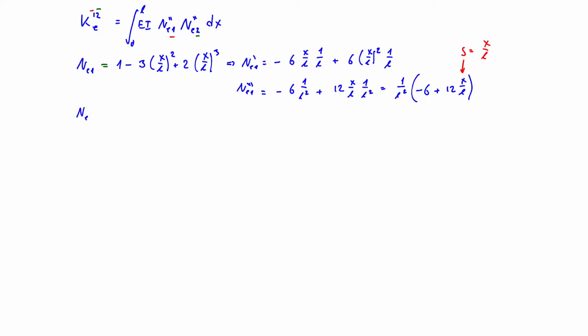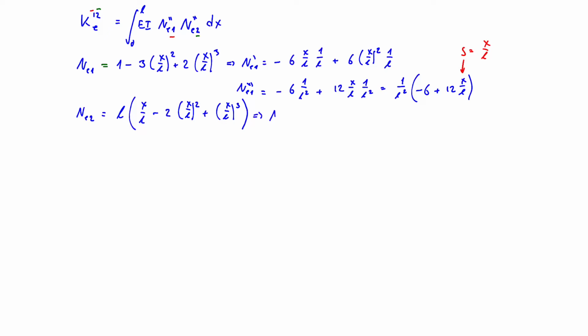Then we'll have the NE2, and that will contain an L in front, because it is an interpolation function that is associated with a nodal rotation at the first node. So therefore, we need an L contained as a common factor on the shape function. We'll have x divided by L minus 2 x divided by L squared plus x divided by L to the power of 3, and we close the parenthesis.